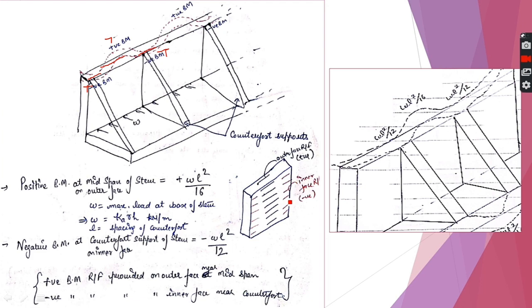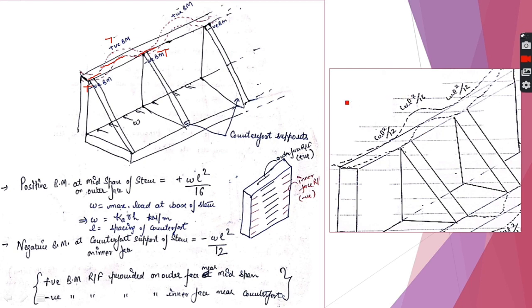Here the red shows the inner face reinforcement, that is the negative bending moment reinforcement, which is equally provided along the stem height, and the blue shows the positive bending moment reinforcement, which is provided distributed equally along the height of your stem. I hope the reinforcement part is clear to you. I have enlarged it here for better understanding.